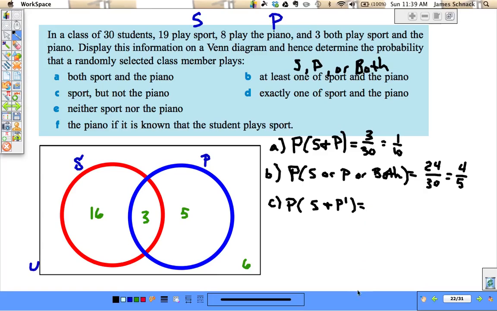Part C, sport but not piano. Sport and not piano. So if I pick a person, I want them only to be in sports but not the piano circle, so that means we're looking at 16 out of 30, which is 8 out of 15. Part D, exactly one of sport and piano.